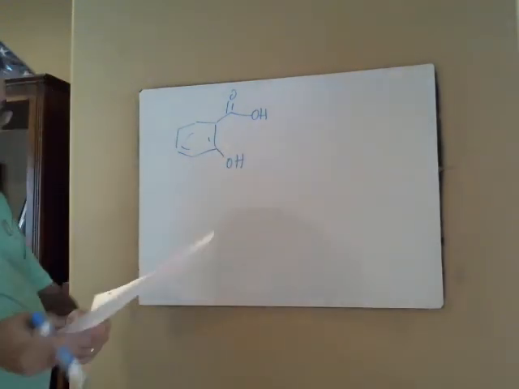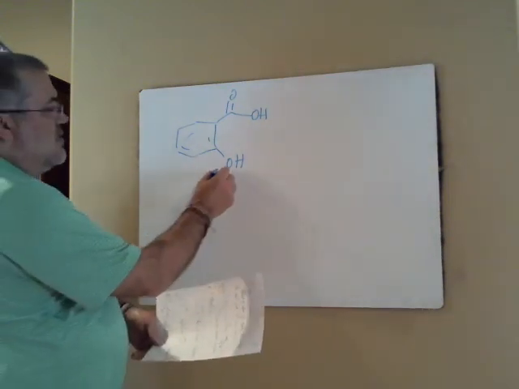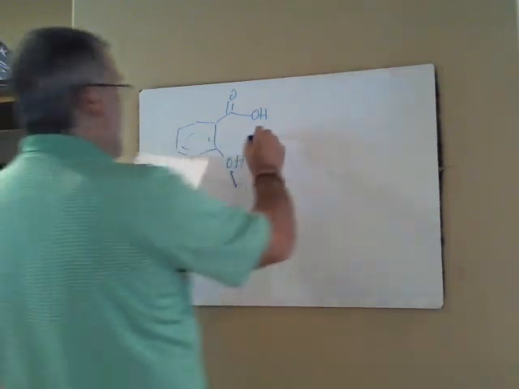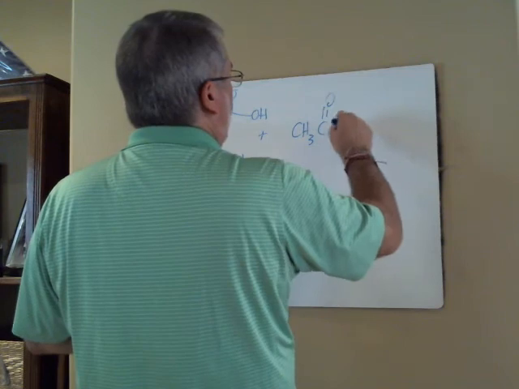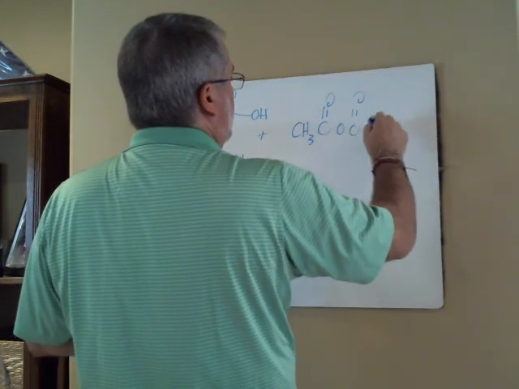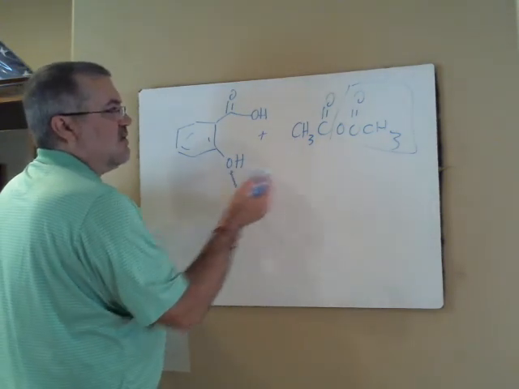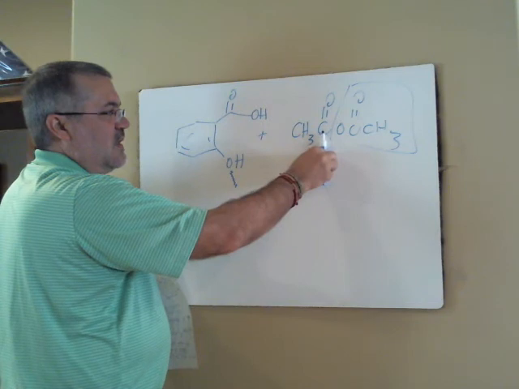if you take this, and here your nucleophile is the OH, you can react it with an acid anhydride. Here's what's in the box. Here's my nucleophile. It's going to react with the electrophilic carbonyl.